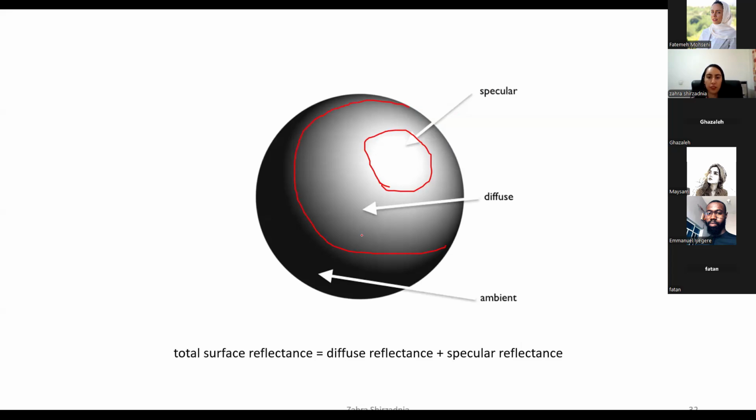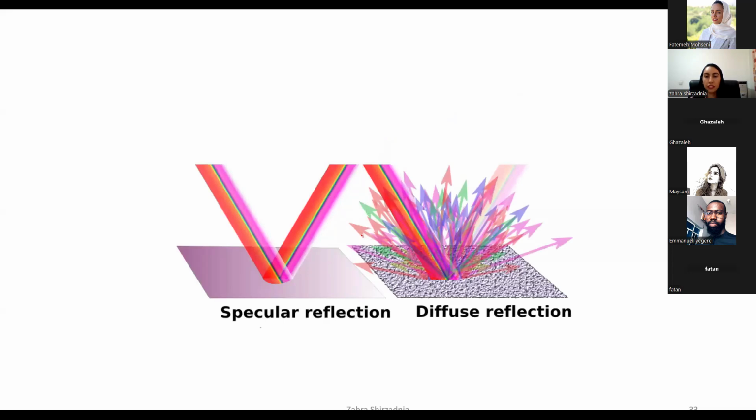When we say specular reflectance, when you sum up the specular reflectance and diffuse reflectance, it is equal to total surface reflectance. And specular reflection is when light hits the surface, and then at the same angle, it reflects into the space.